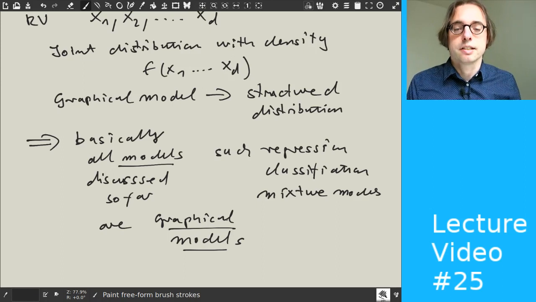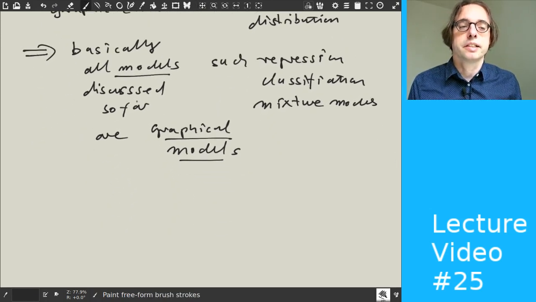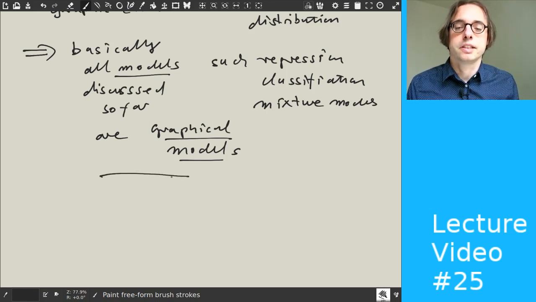People have described graphical models as basically a marriage between probability theory and graph theory, because we need graphs to describe the dependency structures. So graphs describe structure.